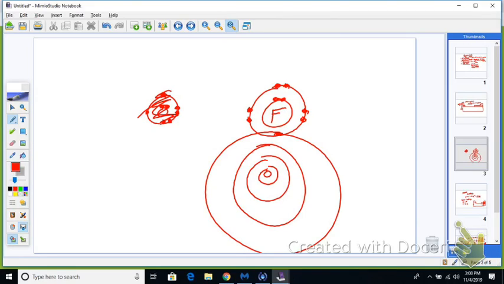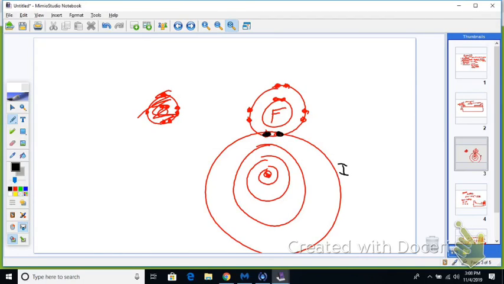So this is iodine, and they're sharing those two electrons.